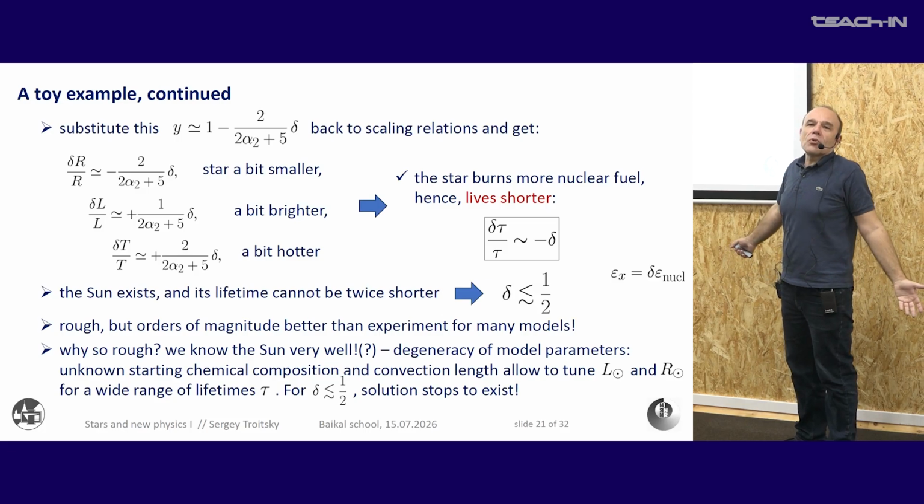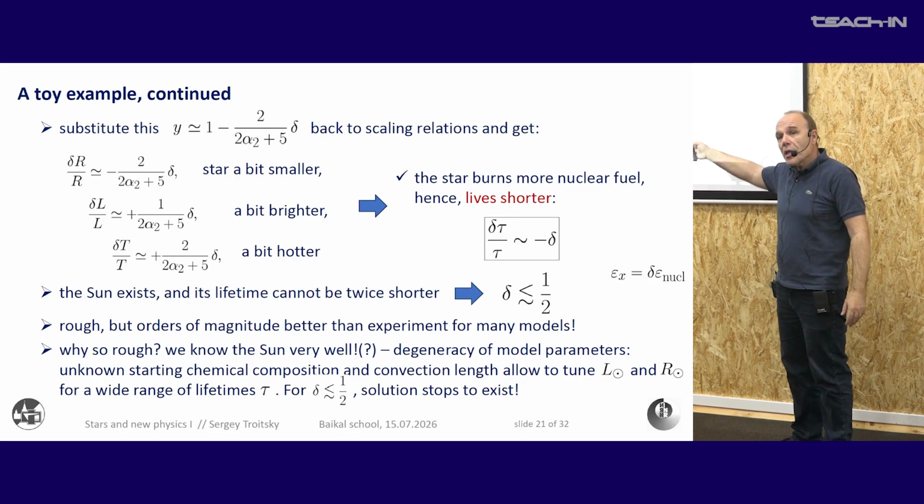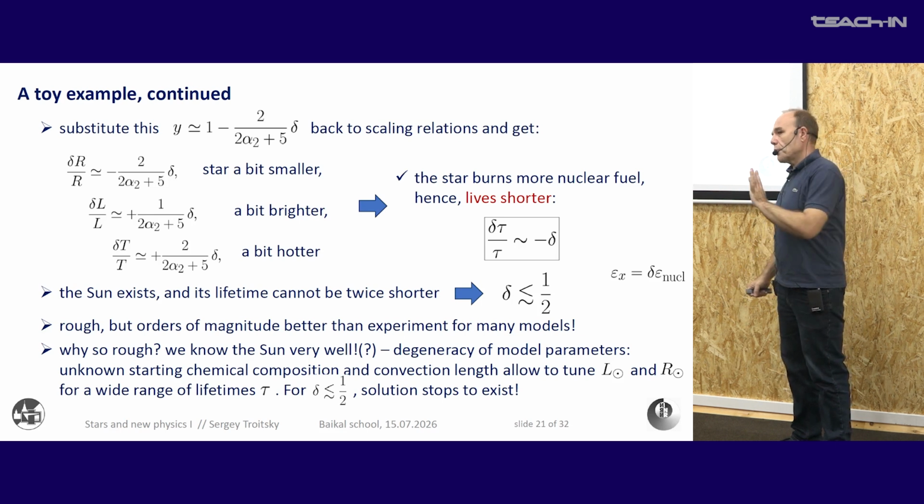What can you constrain with that? You still get constraints on many light and weakly interacting particles, 4 to 5 orders of magnitude better than laboratory experiments.